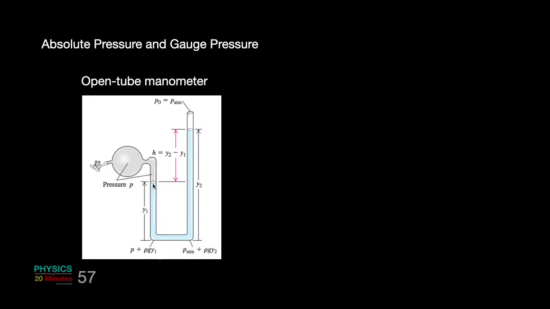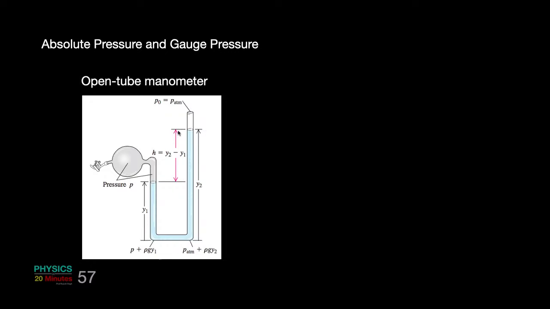If you want to find the pressure of a certain device, say a balloon, you attach it to one end of the manometer. Because of the pressure inside, the level here goes down and the level here goes up. You find the difference in the two levels and multiply by rho and g to get the pressure difference.